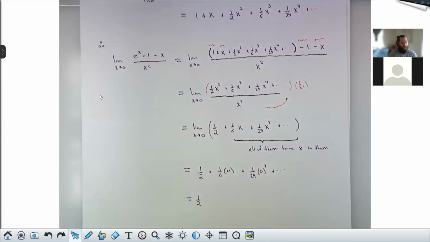So it might not seem like it's superior to L'Hopital's rule here, but it is because it generalizes much better. These are the 2 main application problems you're going to run into.